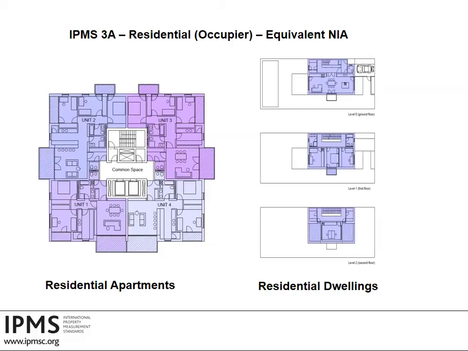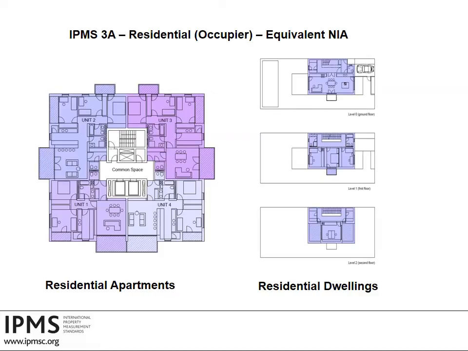The final standard is IPMS 3 Residential, and this deals with the occupier area, and it's equivalent to net internal area. IPMS 3 Residential generally measures those floor areas in exclusive use.